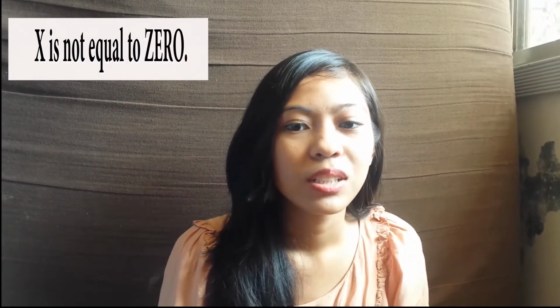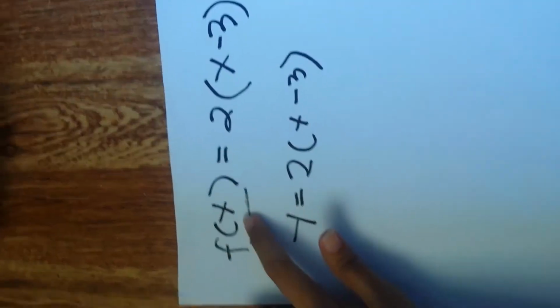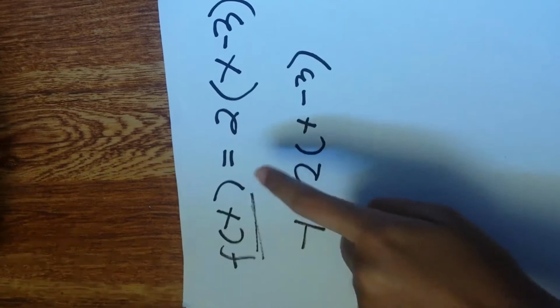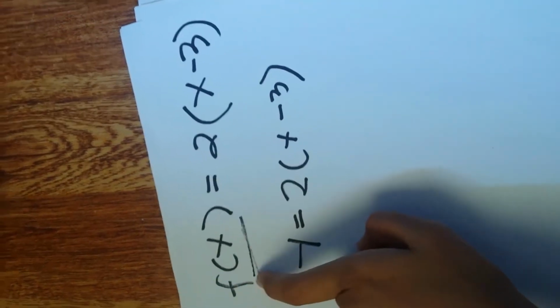For this function, we also need to remember that x cannot equal 0 because we cannot divide by 0. We will just rewrite f of x to y.